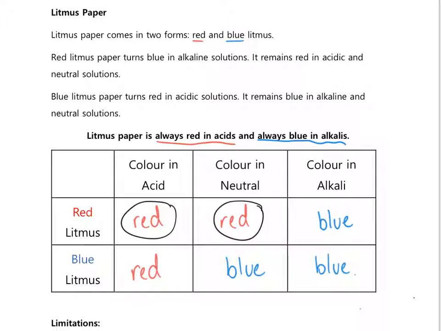You would need to use a combination of both red and blue litmus paper to confirm it: neutral if red stays red and blue stays blue, or acidic if both are red. So that's a big disadvantage as well, but the main one is that you can't tell how strong an acid is with litmus paper.